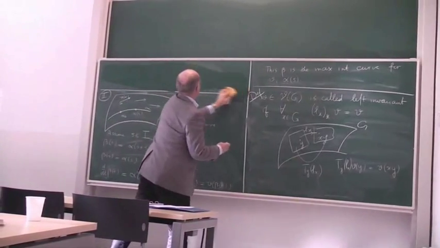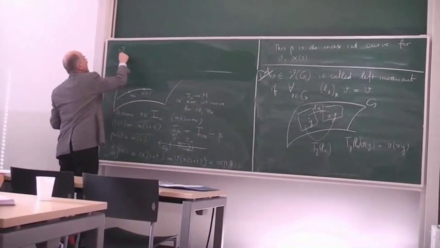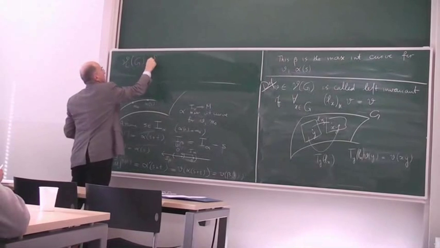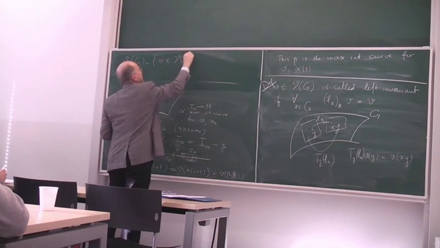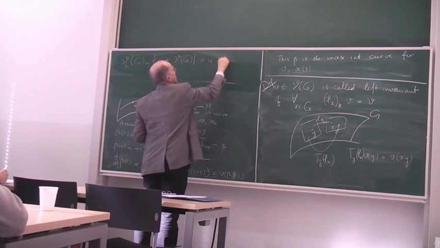So a way of saying this is that let's write V sub L of G to be the collection of vector fields with the property that V is left invariant.